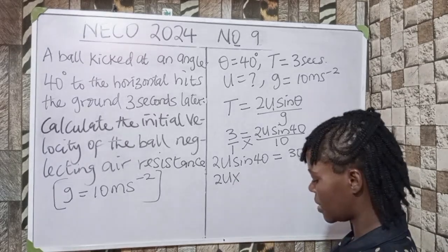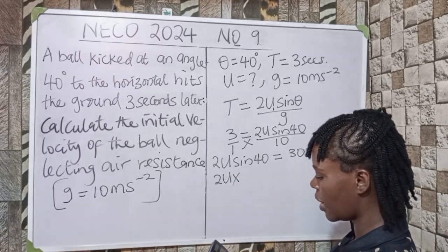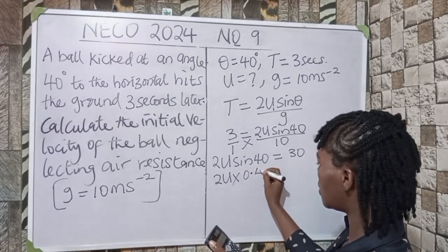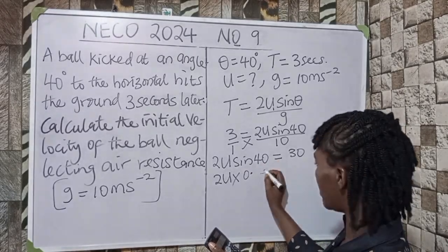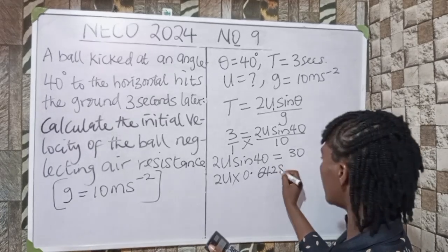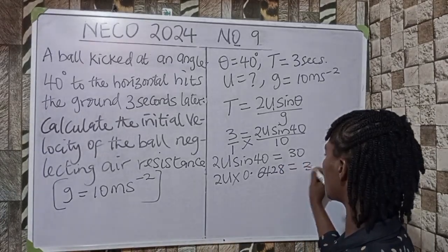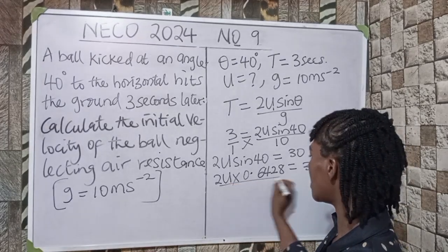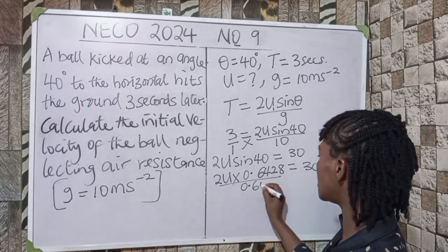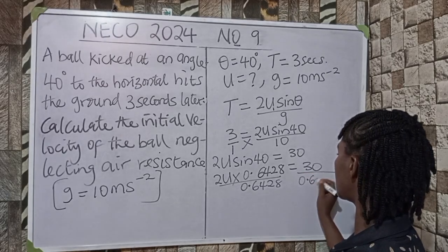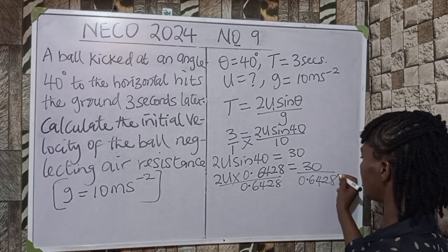Let me find out what sine 40 is. Sine 40 is equals to 0.6428. So 2u times 0.6428 is equals to 30. I divide both sides by 0.6428.